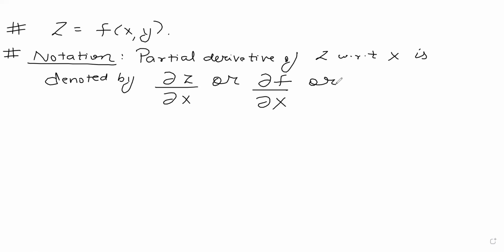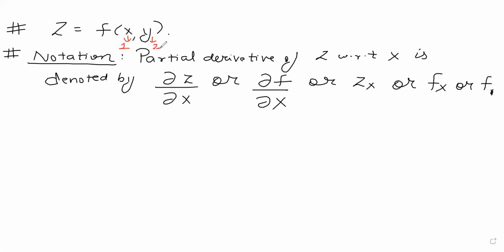Or some of the books write it as zx. Zx means z subscript x means del z by del x. Or some of the books write it as fx. Or some of the books even write it as f1. F1 is treating x as variable 1 and y as variable 2.